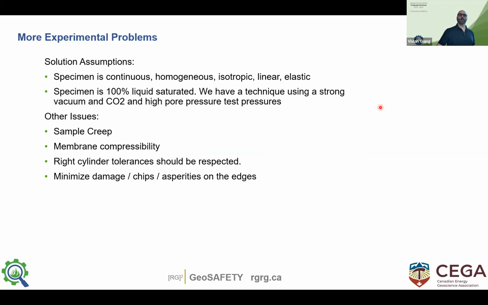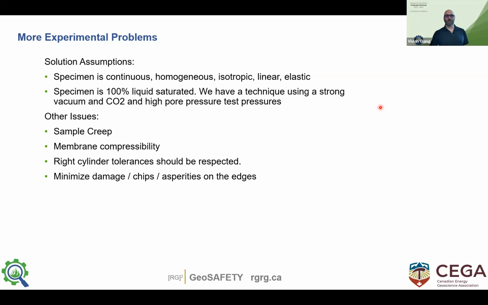Lots of experimental programs always have assumptions. This one assumes that the specimen is continuous, homogeneous, isotropic, and linear elastic, with no hysteresis. The specimen is 100% liquid saturated. If you want to ask about how we do that, we can answer that, with no proof, I guess.